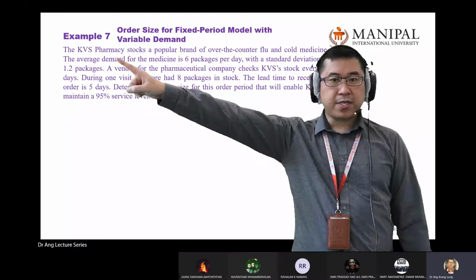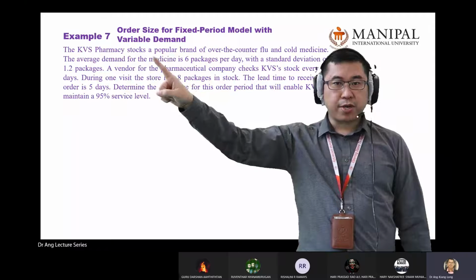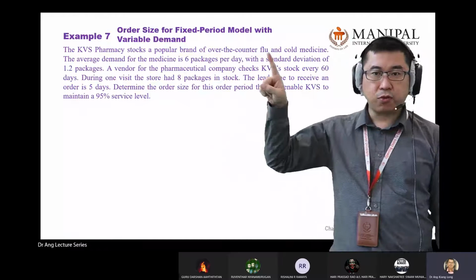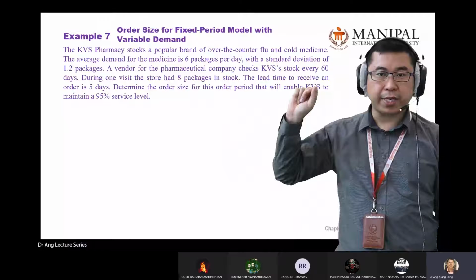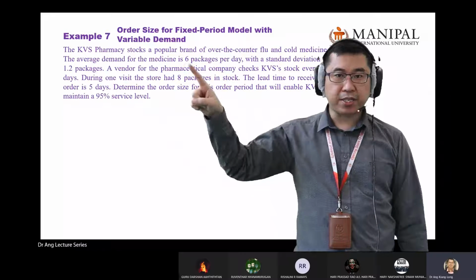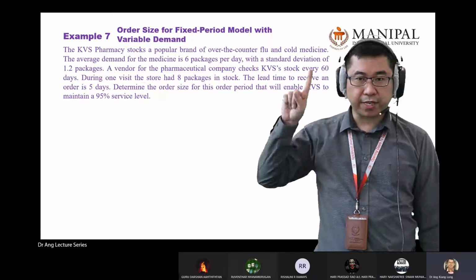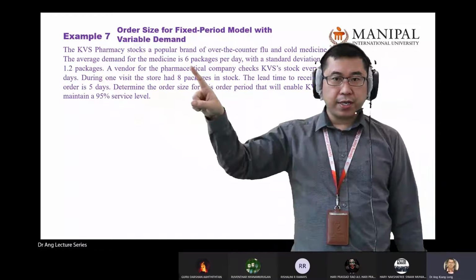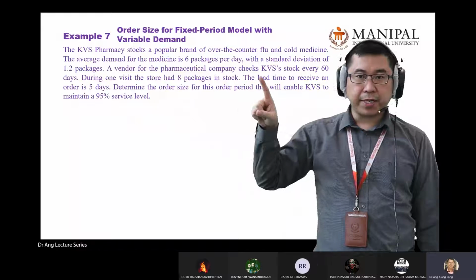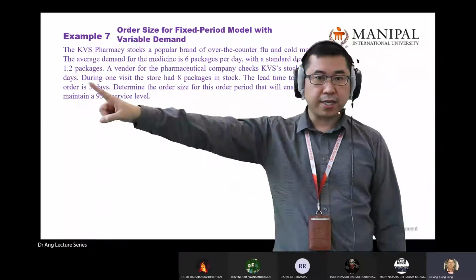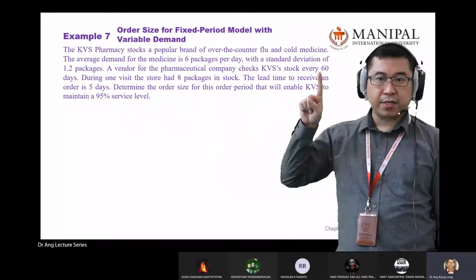A pharmacy is going to stock up a very popular brand at a counter for flu and cold medicine. Average demand is 6 packages per day with the standard deviation 1.2. So you're given standard deviation here. The vendor or pharmacy company checks the stock every 60 days. All right.